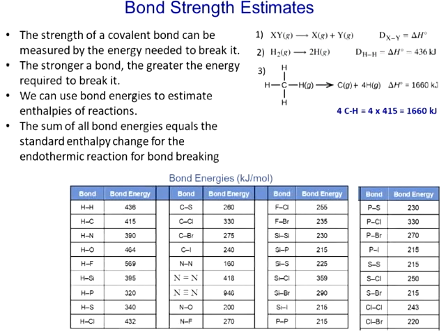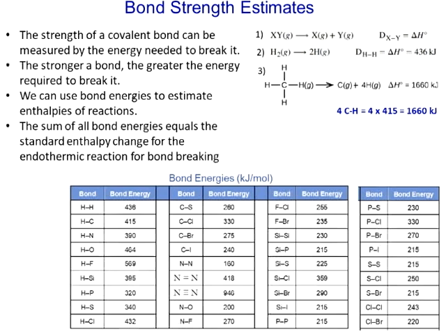Now, when we talk about covalent bonds, it should be noted that covalent bonds have potential energy. That potential energy is proportional to the bond energy or the bond strength for that covalent bond. So, let's talk about bond strength and how to estimate the values.